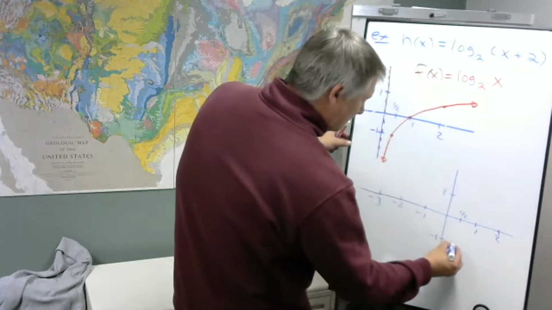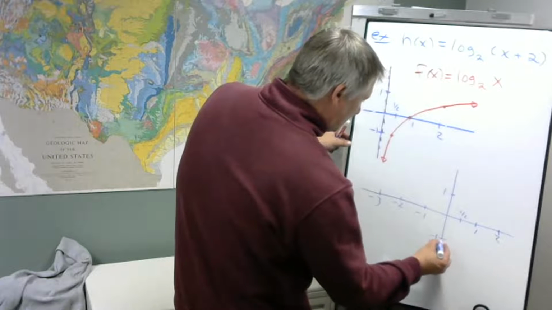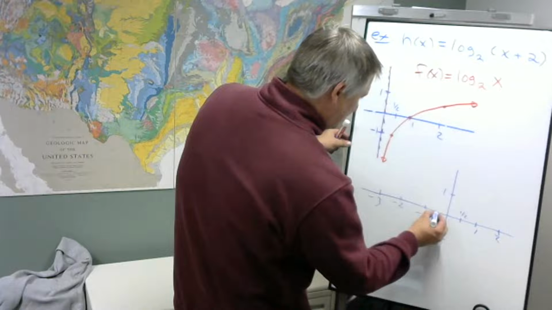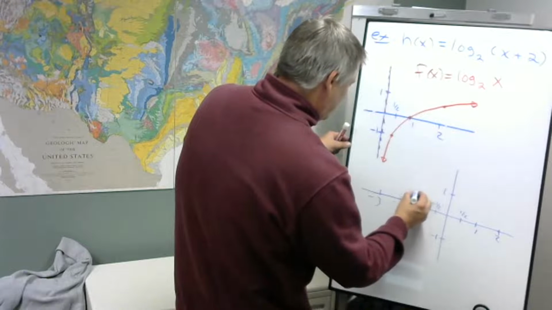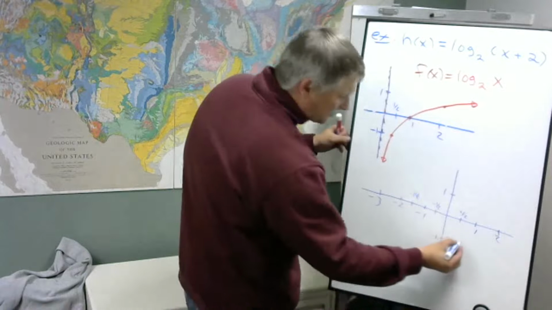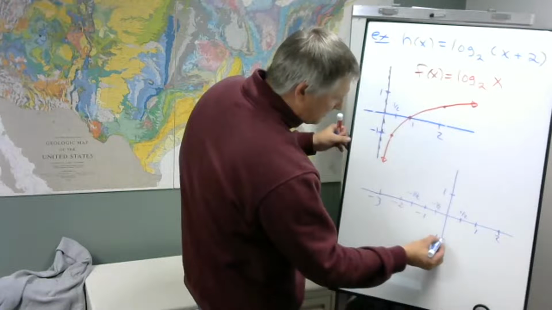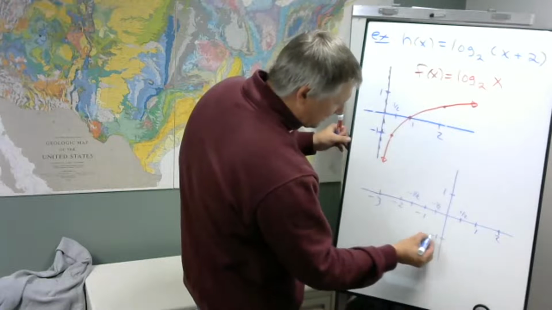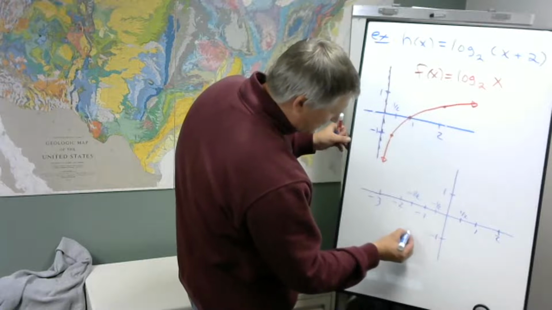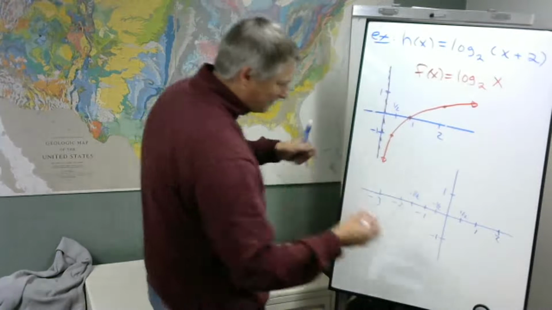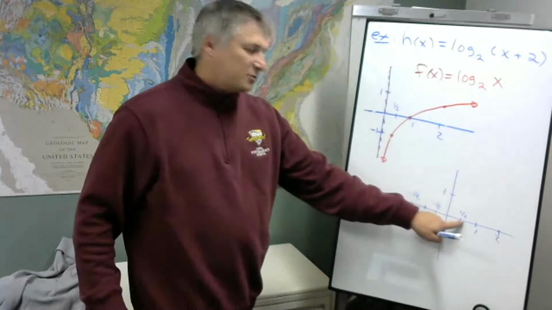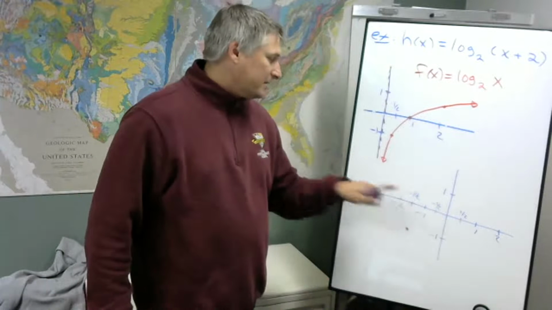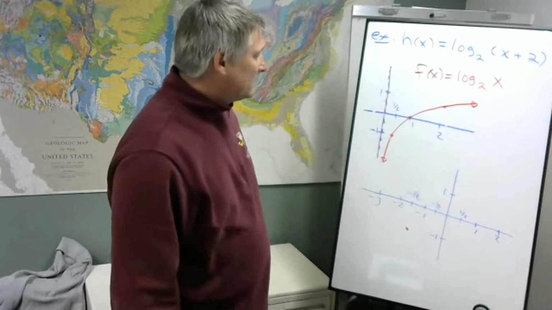So we're starting here. We're going to go over 1. There's -1/2. And here's -1.5. So we're going to go over 1. Oh, sorry, over 1. And then over 2 to here. If you start at a half and go 2 units to the left, you'll end up at -1.5.